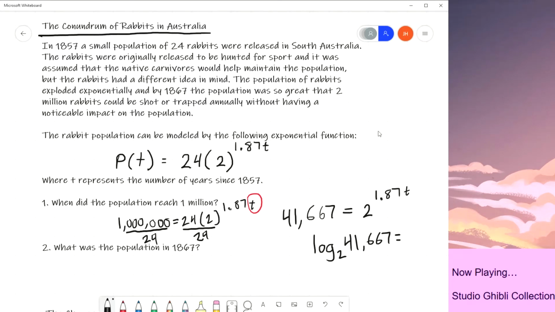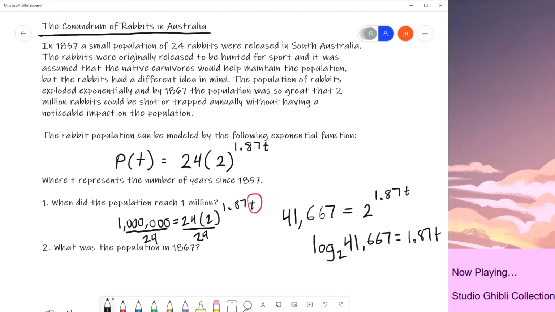And it should be equal to the power, because the way logs work is it says, okay, log base 2. So I'm working in base 2. A logarithm is equal to the power necessary on the base, which is necessary to get this value. So 2 to the power of 1.87t is supposed to be equal to 41,667.